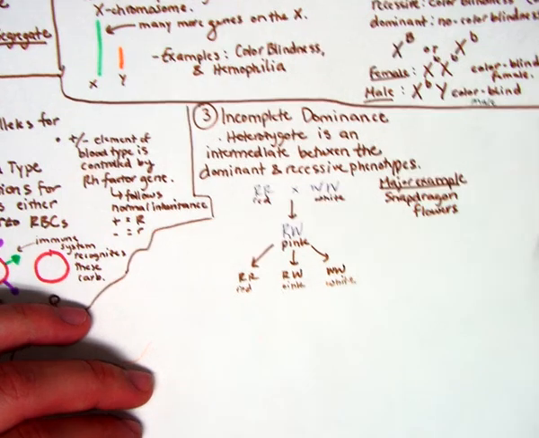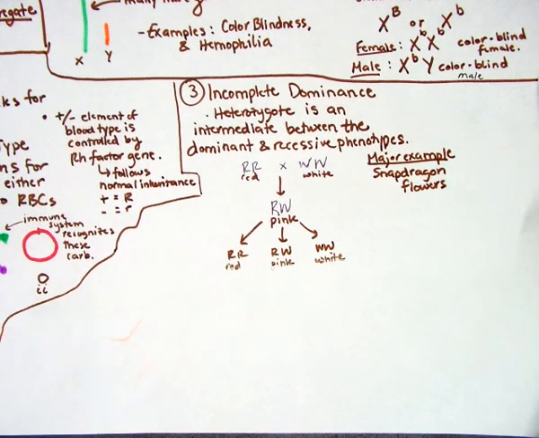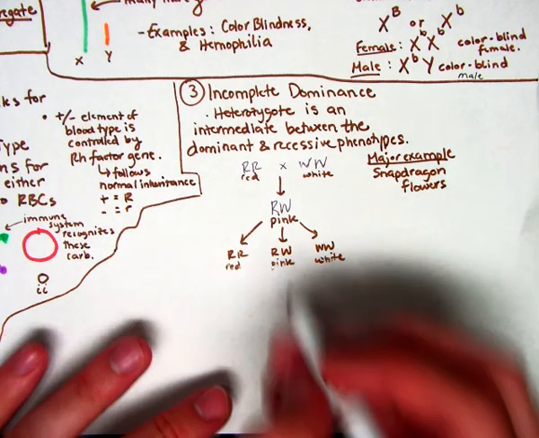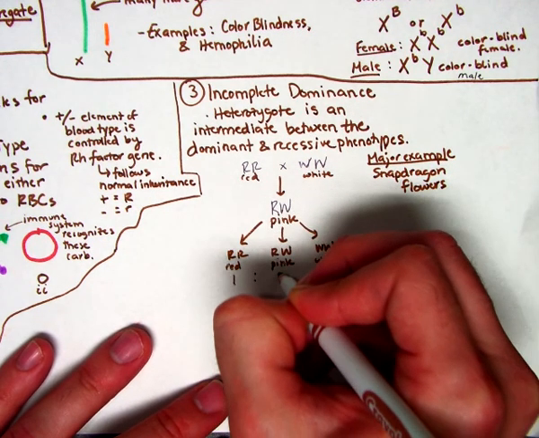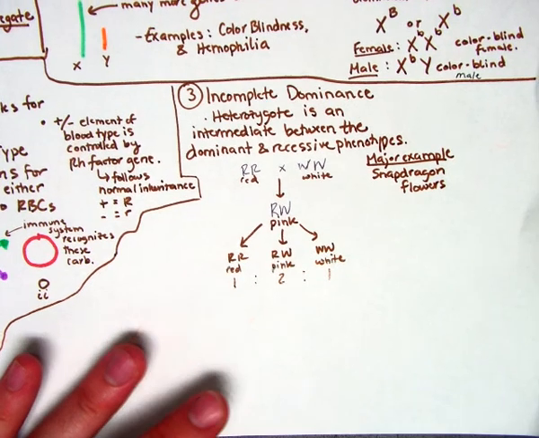So instead of having a 3-to-1 phenotype ratio, you actually have 1 to 2 to 1 for both your genotype and your phenotype ratio. 1 to 2 to 1. Okay.